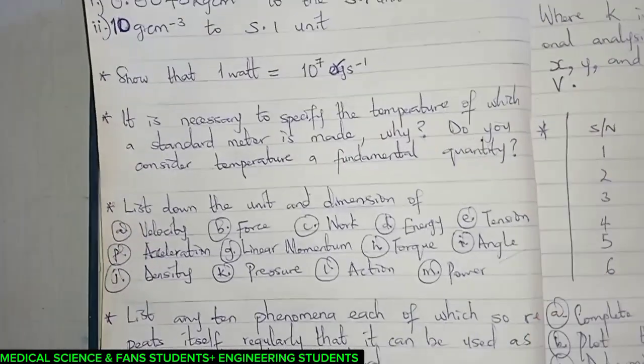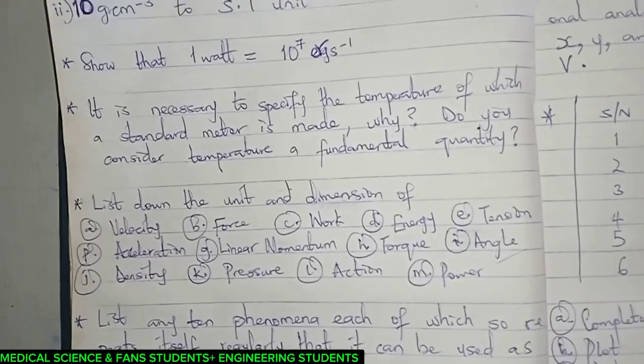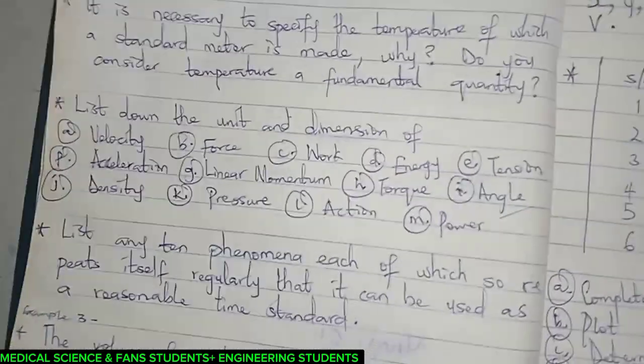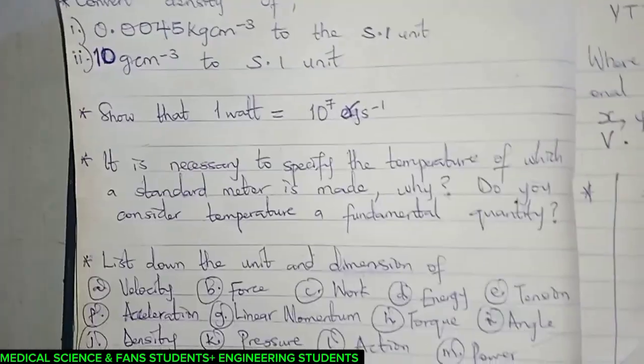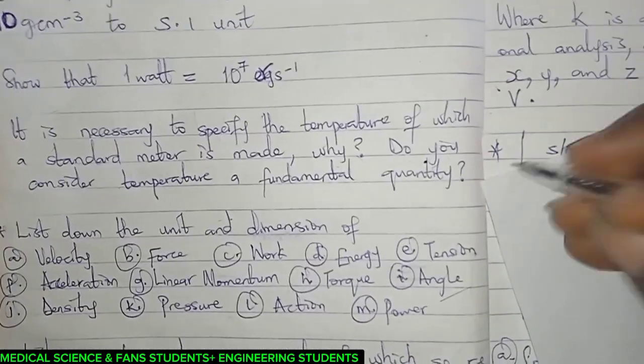All right, they say list the unit and dimension of velocity. Okay, let's do it fast. Velocity first.